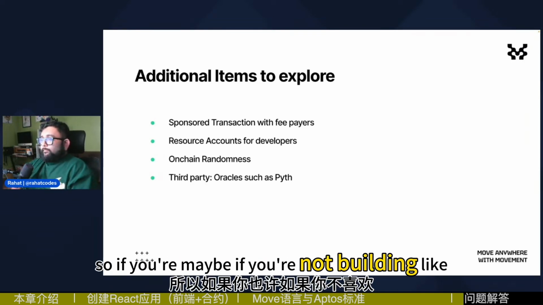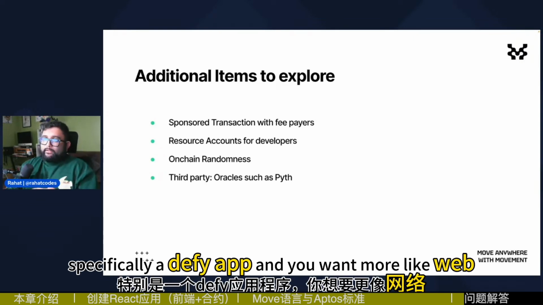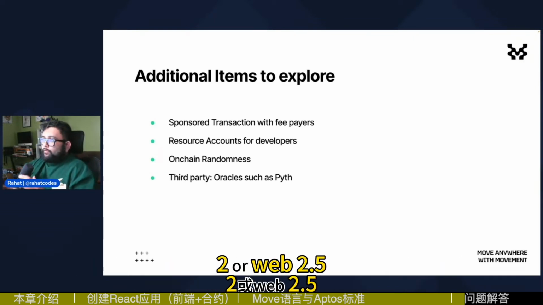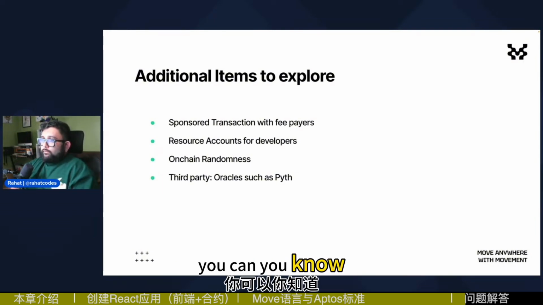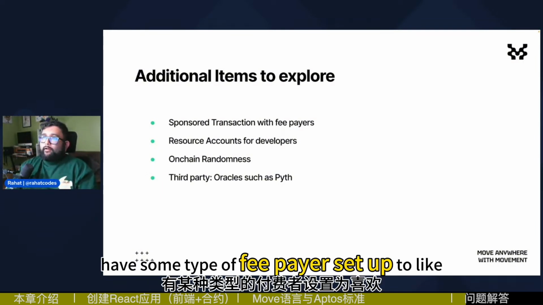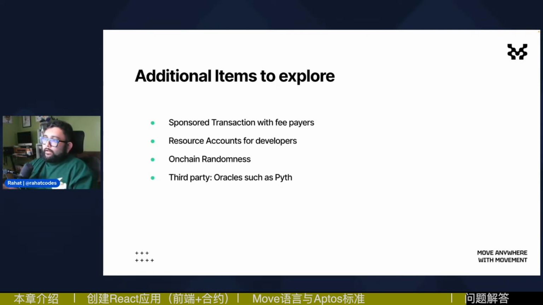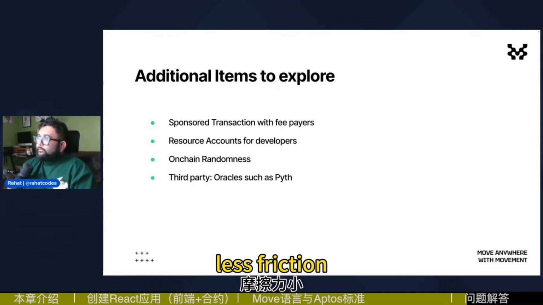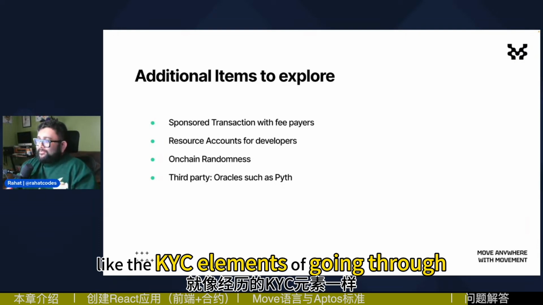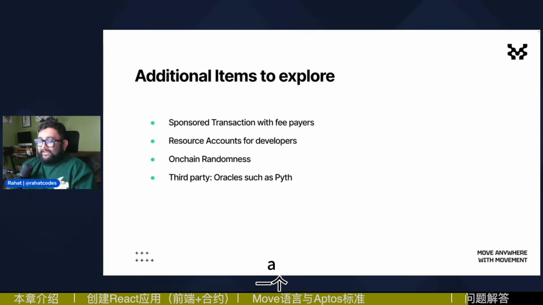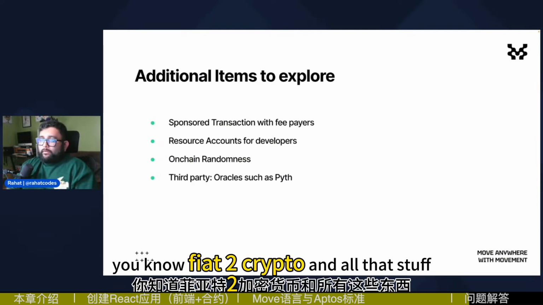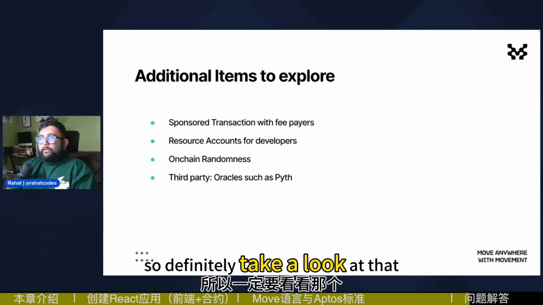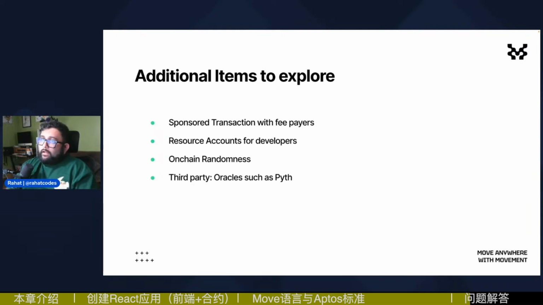So if you're not building specifically a DeFi app and you want more Web 2 or Web 2.5 experiences in your dApp, you can have some type of fee payer set up to create less friction for your end users, so they don't have to do the KYC elements of going through a centralized exchange and onboarding fiat to crypto and all that stuff. So definitely take a look at that.